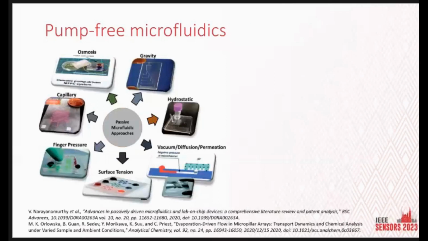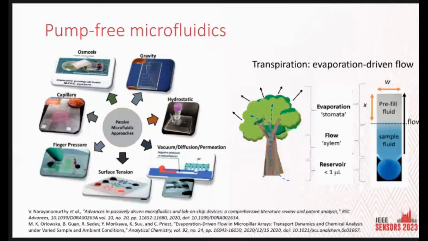There has also been a lot of research where people want to get rid of the pump, get rid of the excess accessories to operate or manipulate the fluid. They usually call that passive microfluidic platforms. They're based on capillary force, gravity, osmotic pressure, etc. But what our group has come up with is evaporation-driven microfluidics.